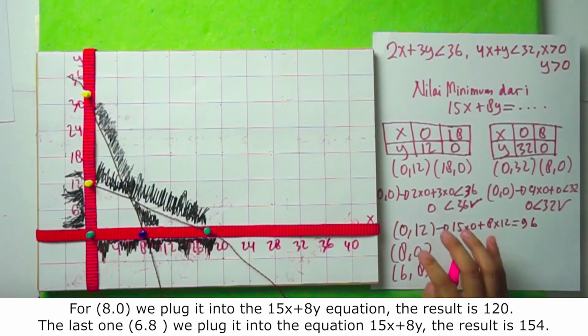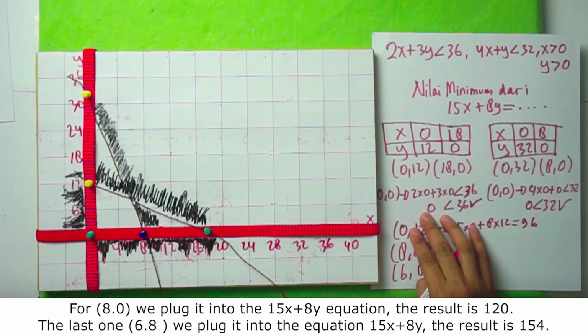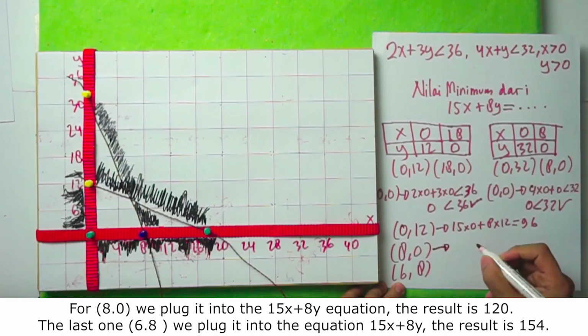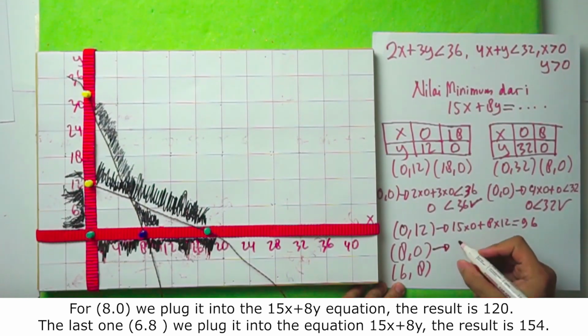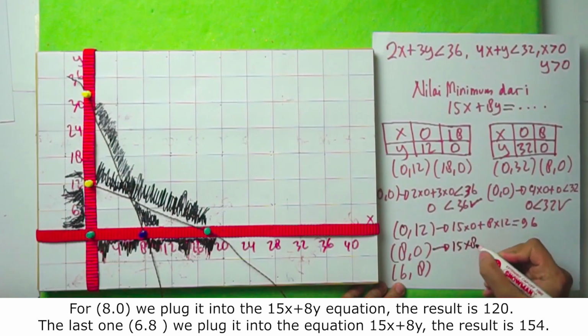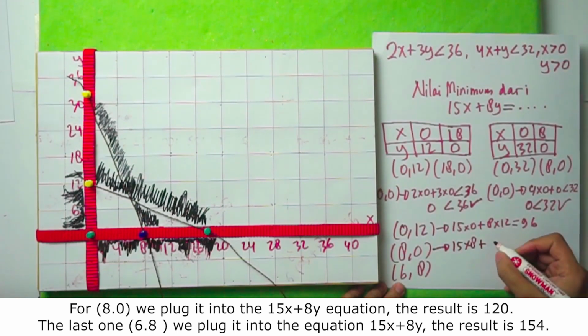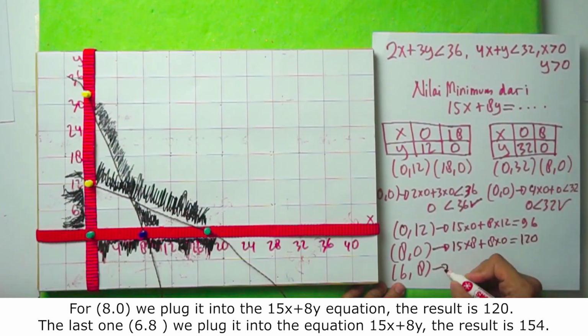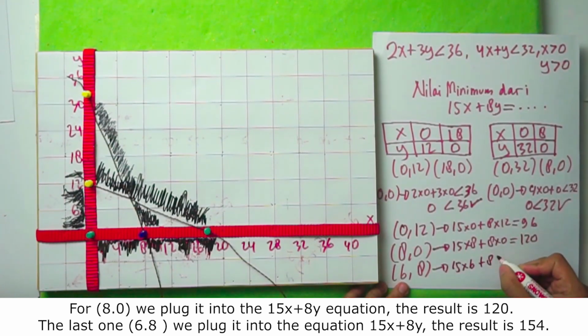For 8, 0, we plug it into the equation, and the result is 120. The last one, 6, 8, we plug into 15x plus 8y: 15 dikali 6 ditambah 8 dikali 8.